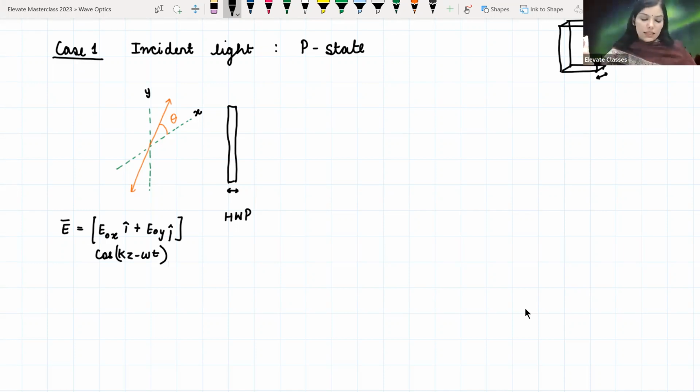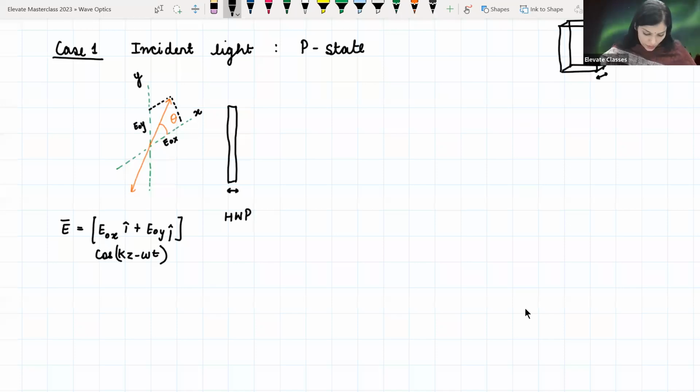So it's moving in the Z direction. And what will EOX be then, if I'm taking these components? So this distance is EOX, and this distance is EOY, right?